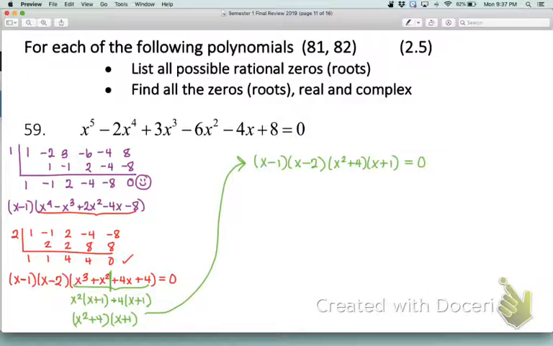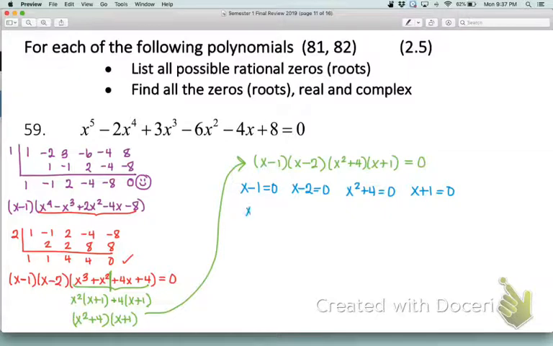So to get our solutions, we're going to take every single one of these equations and set them equal to 0. Now, we usually do this in our heads. So x minus 1 equals 0, but I'm going to write it out so that we can see. x minus 2 equals 0, x squared plus 4 equals 0, and x plus 1 equals 0. That's that zero product property. If they multiply to make 0, at least one of them has to be equal to 0.